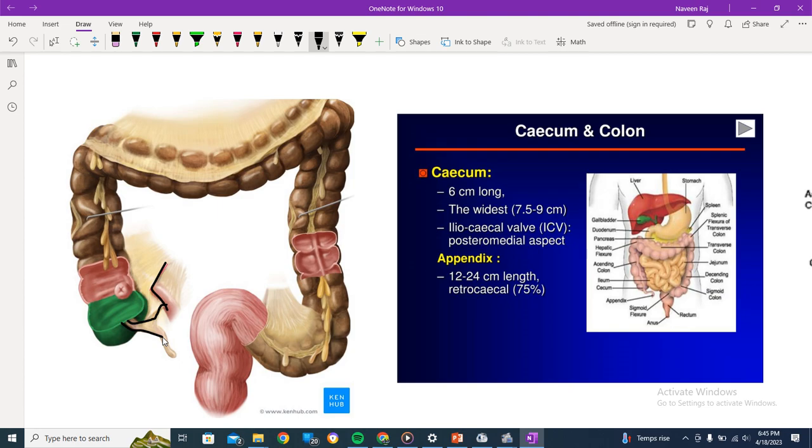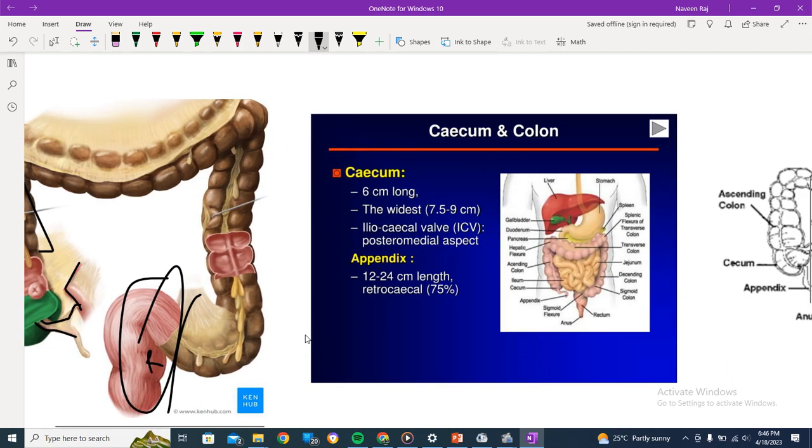Here the congestion occurs and there is a valve present on this side, called the ileocecal valve, because it is between the ileum and the cecum of the intestines. Then it moves, and here the second part starts from the brown color, and till here the brown color means that is the colon part. The colon is the biggest one because it has ascending, descending and transverse sections, while on the downward side in this section we have the rectum, which leads to the anus.